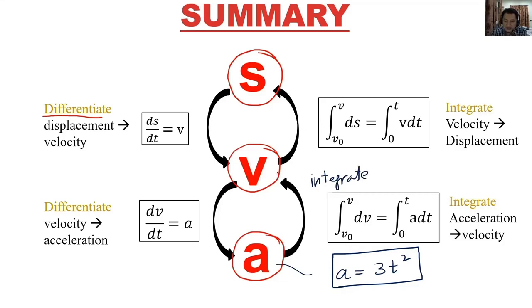And if you have data, for example, v is equal to 2t squared plus 5t, this is the data for v. You want to find out what is displacement. In order to do that, integrate one more time.